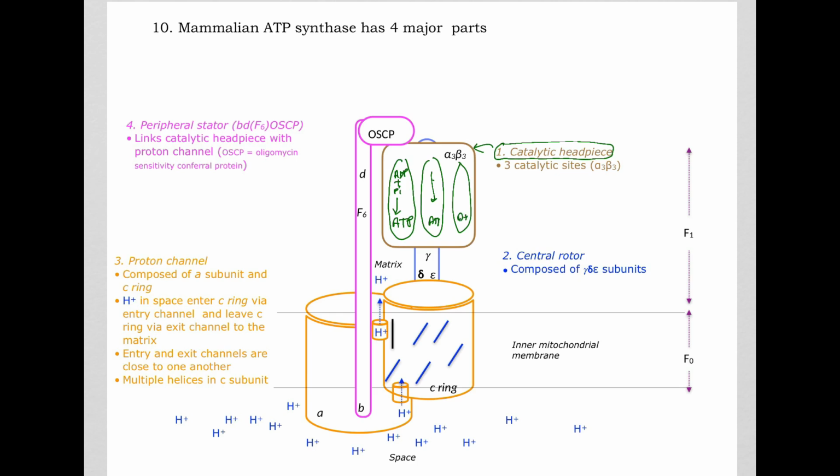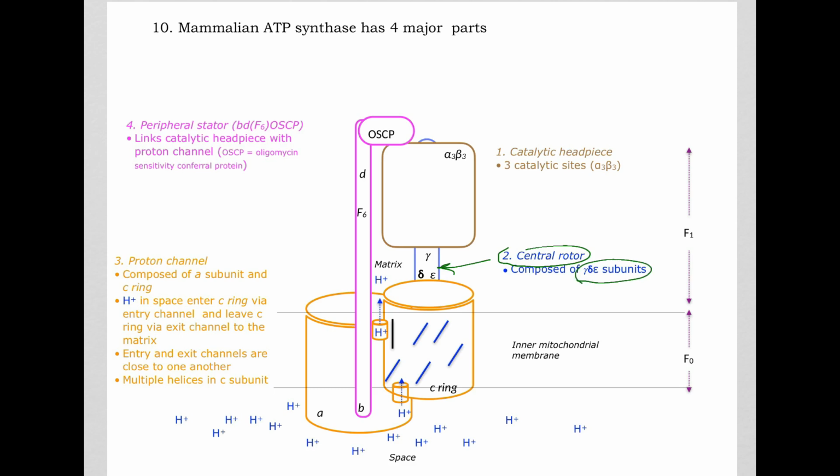That's called the catalytic headpiece. The second part is the central rotor. It consists of these subunits, and as we'll see in a few minutes, the central rotor can actually rotate.